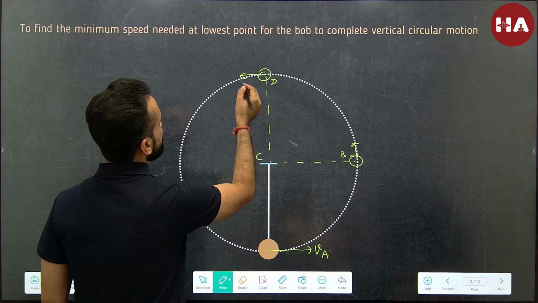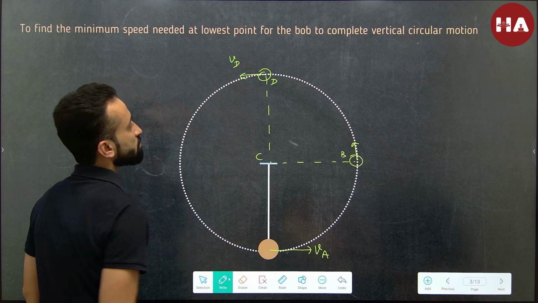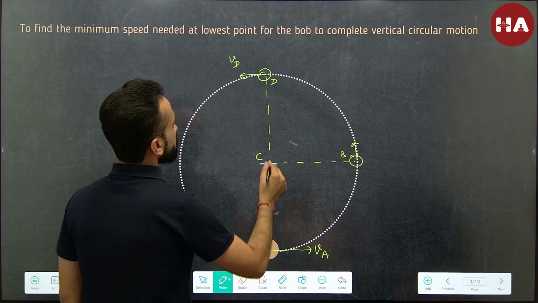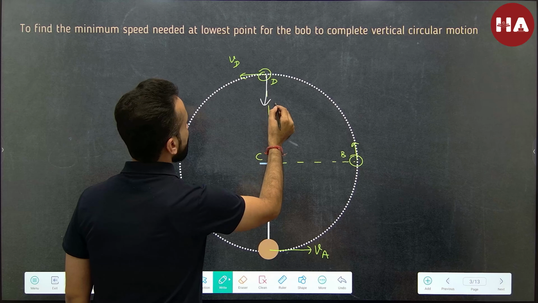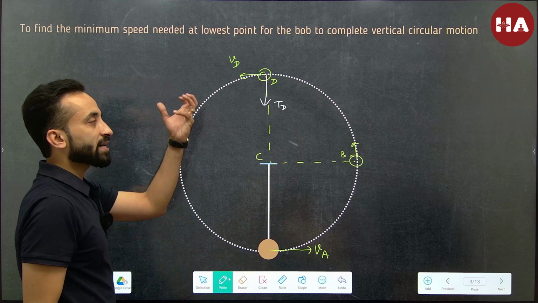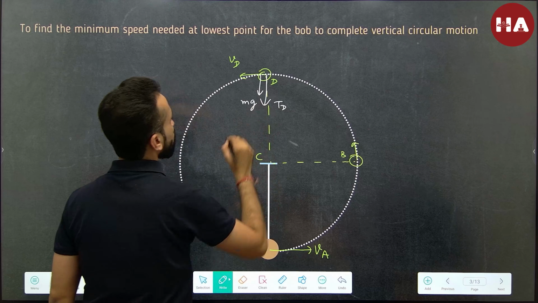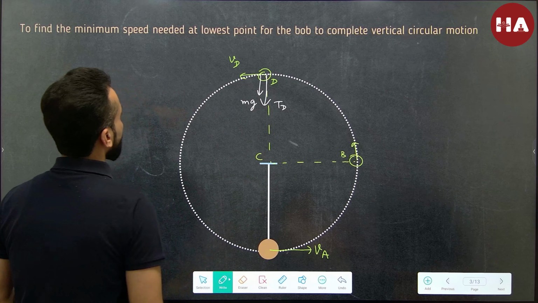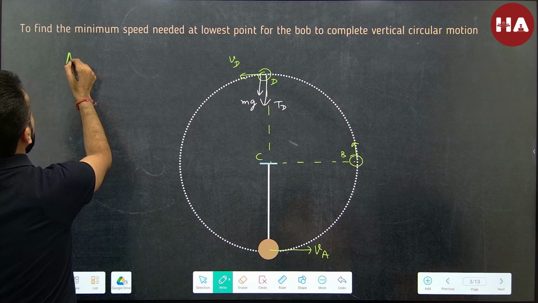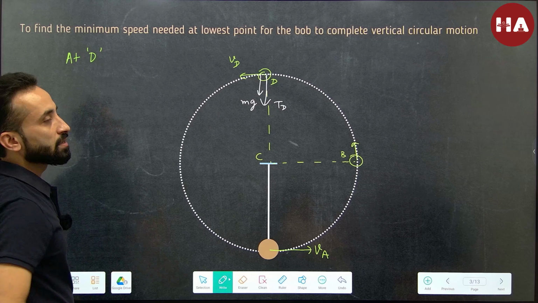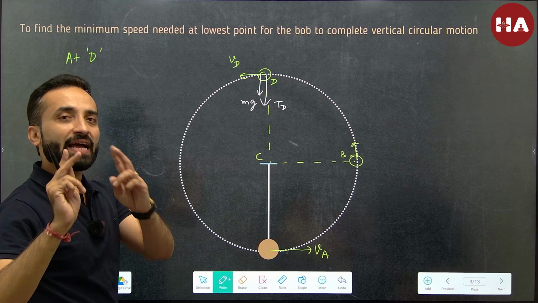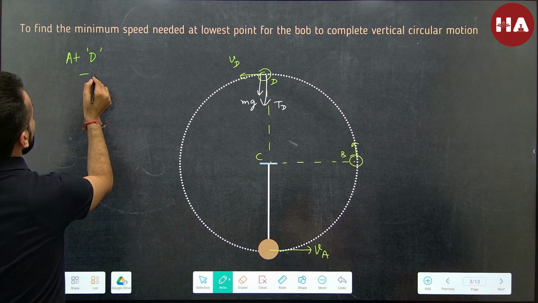Now let's say this is point D and the velocity when it reaches point D is Vd, so we draw the free body diagram. The tension is going to act in the downward direction, and weight is going to act in the downward direction as well. What are we going to write? So let's write the equation at point D. As you know, net force is equal to ma, that is Newton's second law. Let's do that.